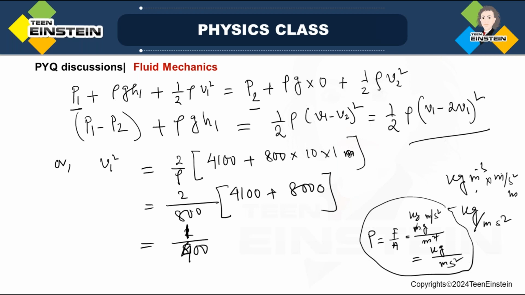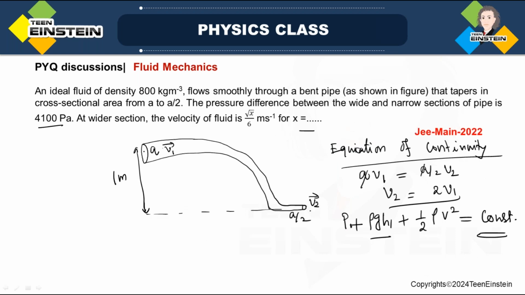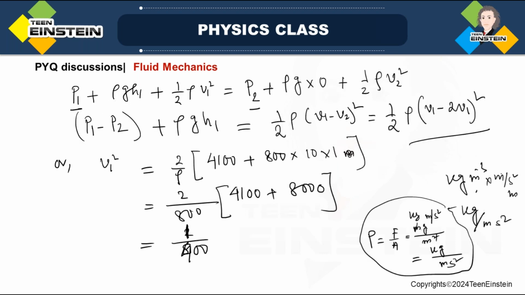So I have to make it in terms of root x by 6, right? So this value is happening how much? I just type this out. I have to make 6 over here.